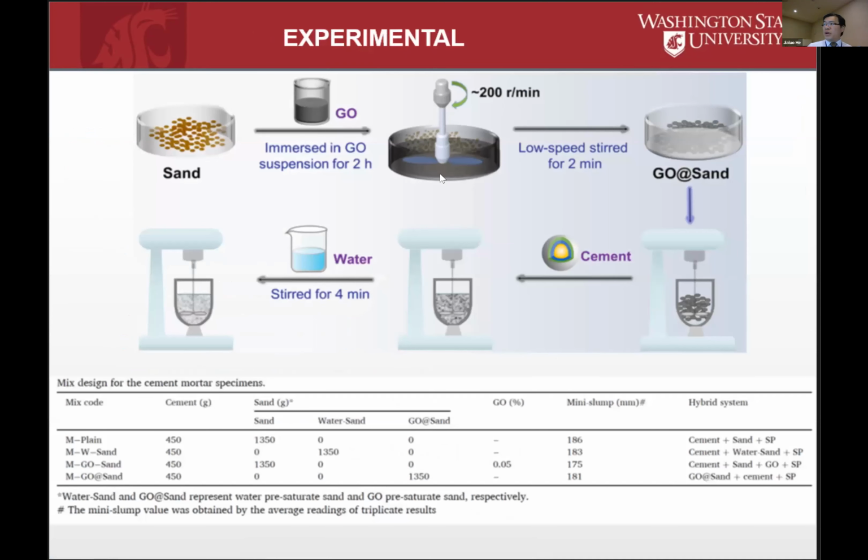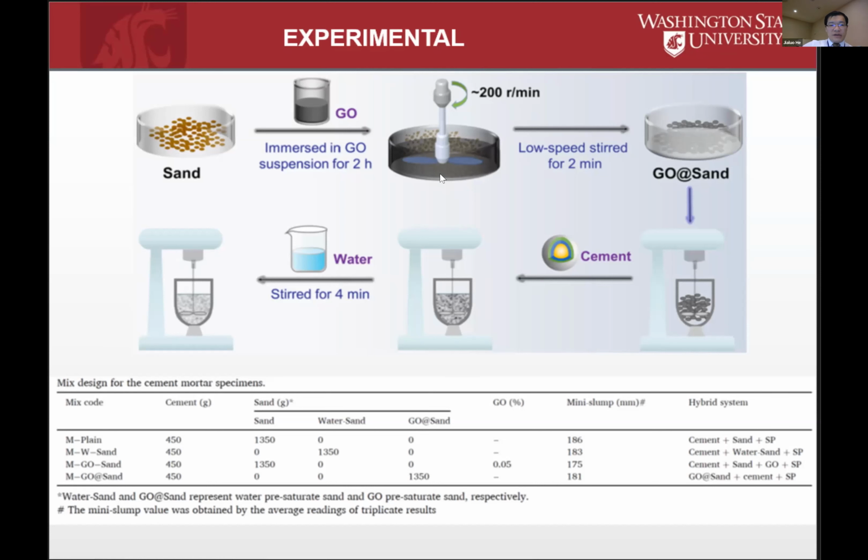Now, our process is to pre-soak the sand, and then we mix it with cement. So you only slightly change the typical process of making cementitious composite, whether it's grout, mortar, or concrete. Instead of directly mixing cement with graphene oxide and sand, you pre-treat the sand, and then you bring everything back into that mixture.